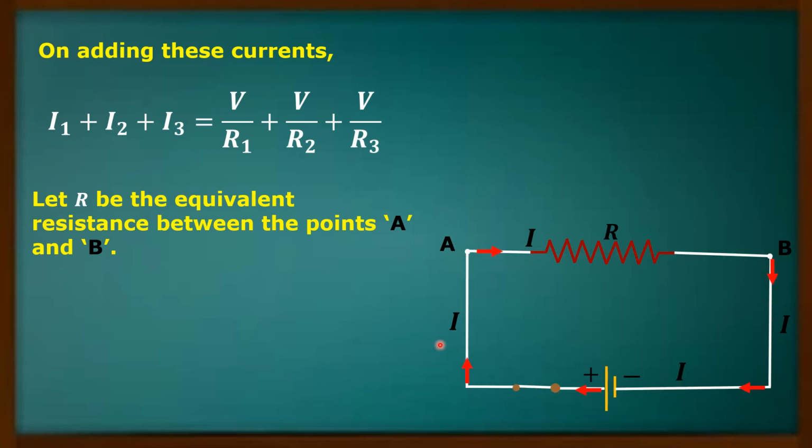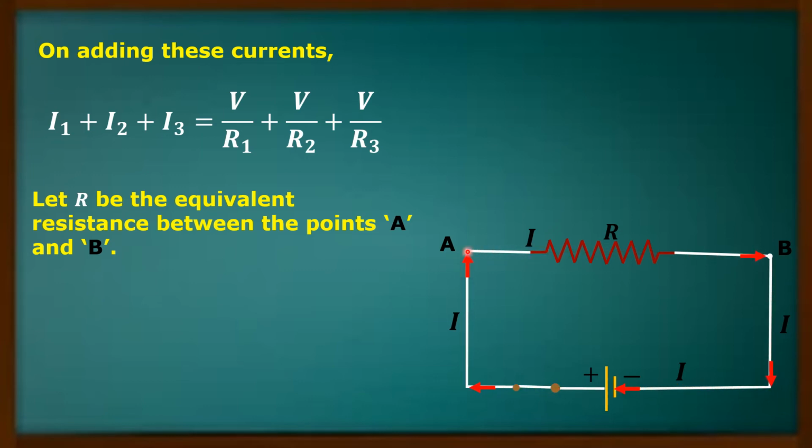Now the same current I is flowing through the resistor. According to Ohm's law, you can see here how much potential difference has been applied between A and B. It is nothing but V. The potential of A is VA, and the potential of B is VB. VA minus VB is nothing but V. That is the potential difference between the two terminals of the battery.